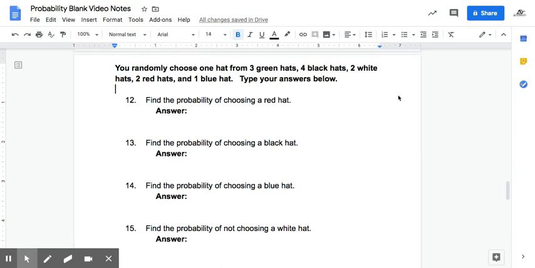How many possible outcomes are there? In order to figure that out, we simply add all of our hats together. So I'm going to do 3 plus 4 plus 2 plus 2 plus 1. When I add up all those numbers, we should get 12. So there are 12 possible outcomes.